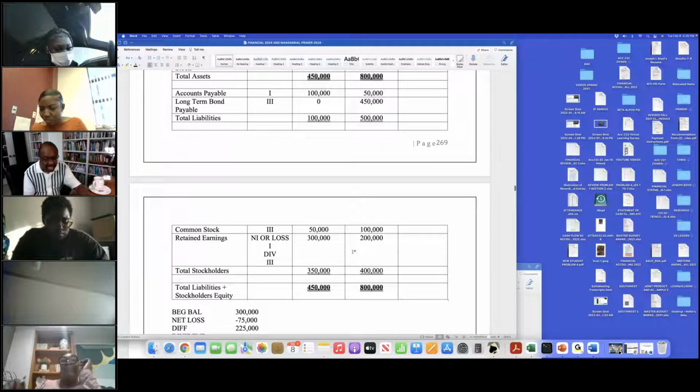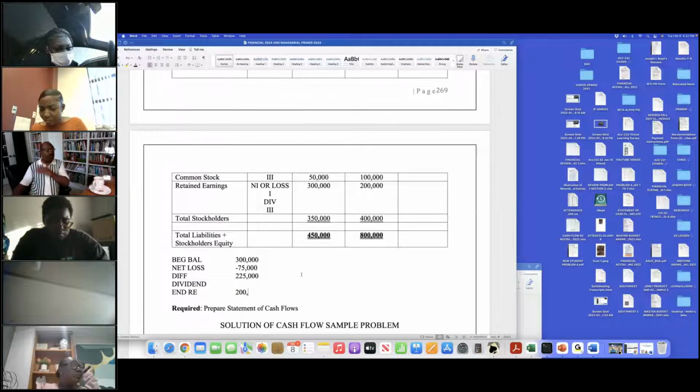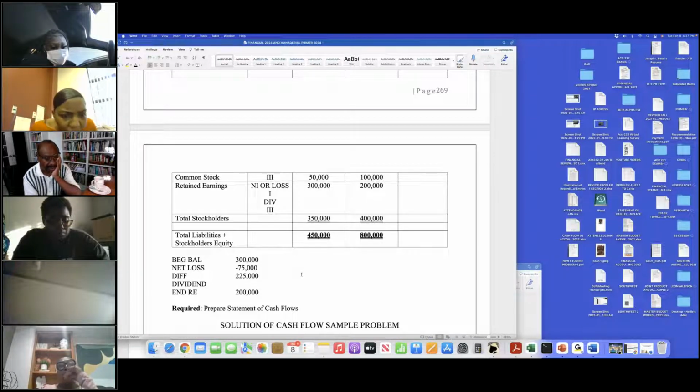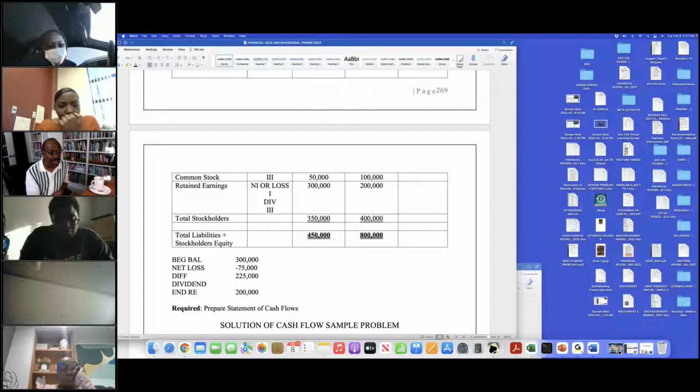So what did the dividends have to be? Well, if it's 225 before the dividend, it's 200 afterwards.